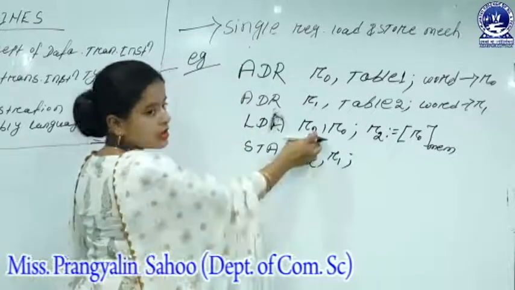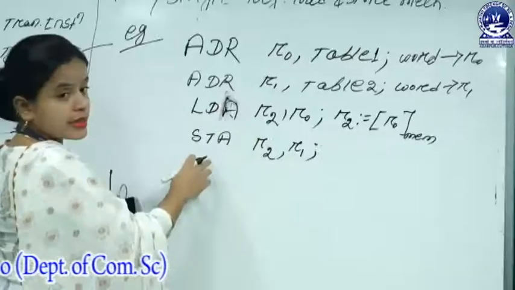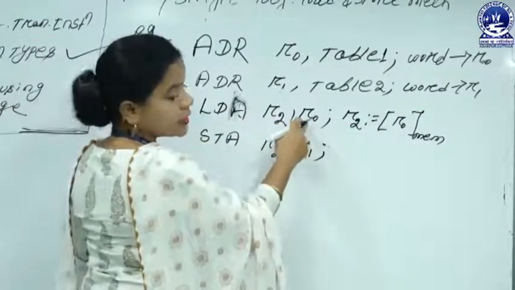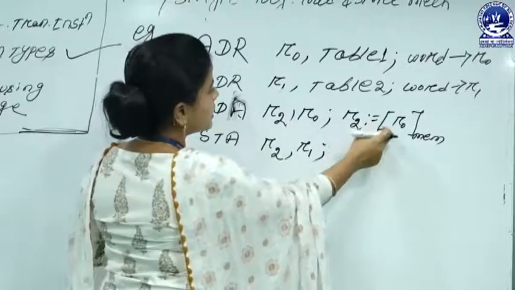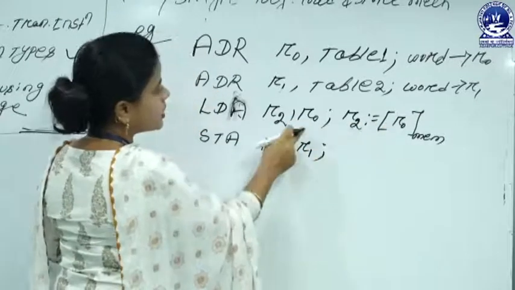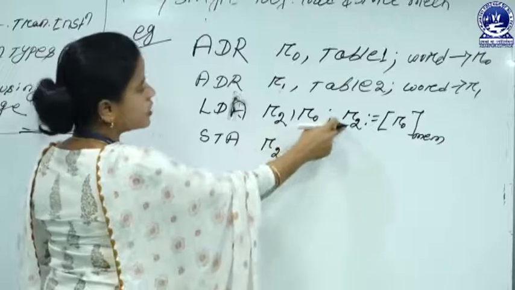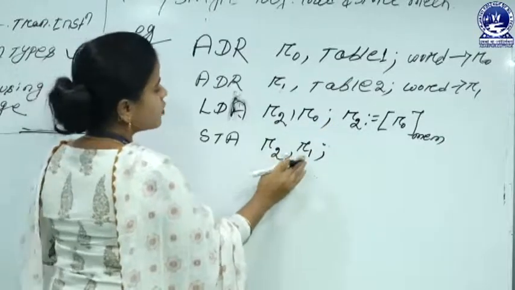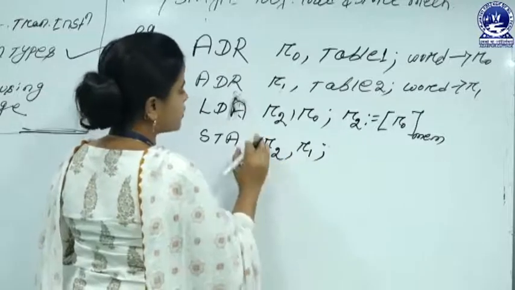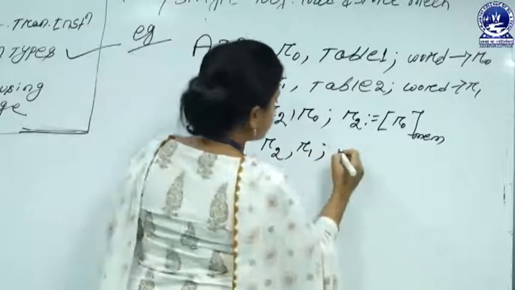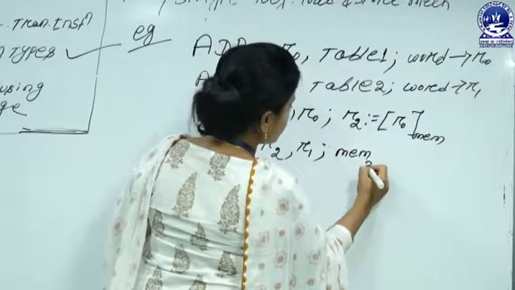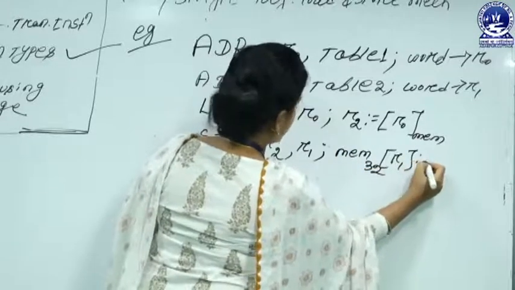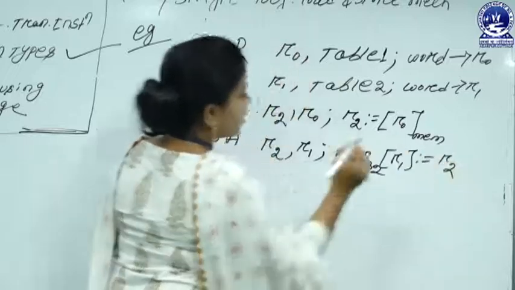That means whatever the related data is. The store command provides the expression data: whatever R0 data is retrieved is stored in the register R2. Now the register R2 data is stored on location R1. That means the memory location of R1 holds the data of register R2.